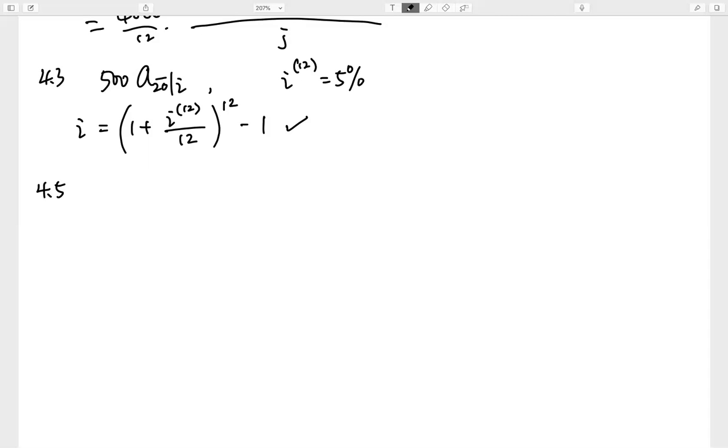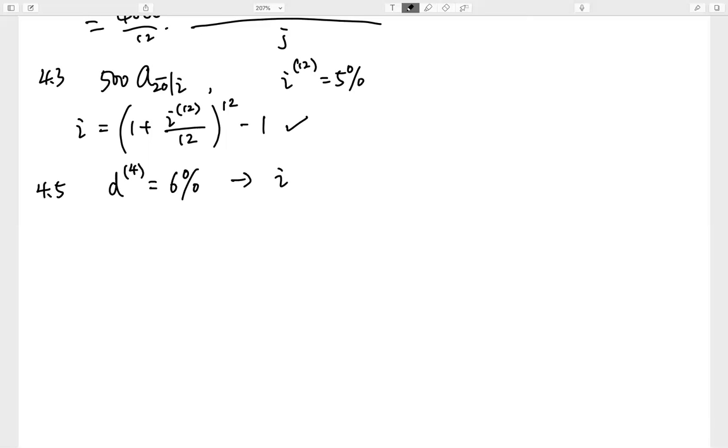Determine the annual effective interest rate that corresponds to a nominal rate of discount of 6% convertible quarterly. So we know the nominal discount is 6%, convertible quarterly. So that's d upper 4 is 6%. The question asks you what would be the annual effective interest rate.